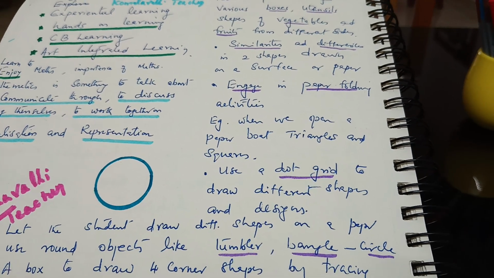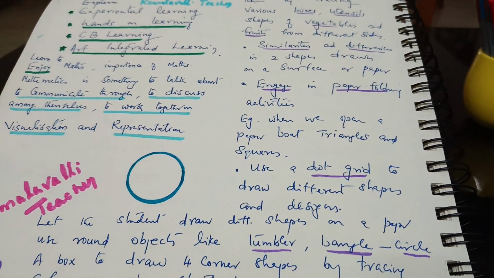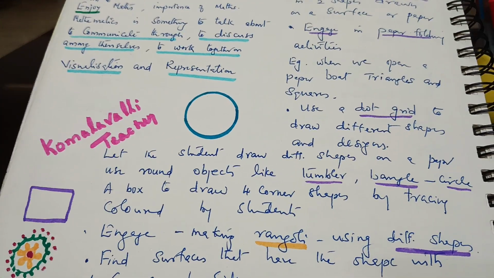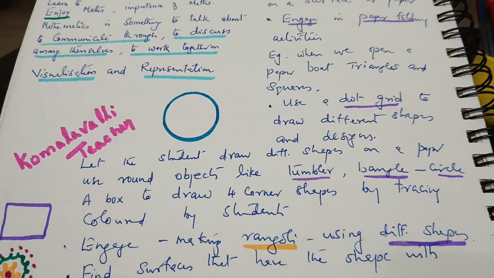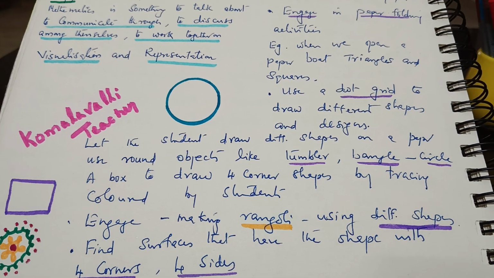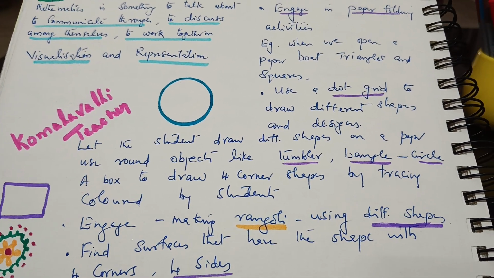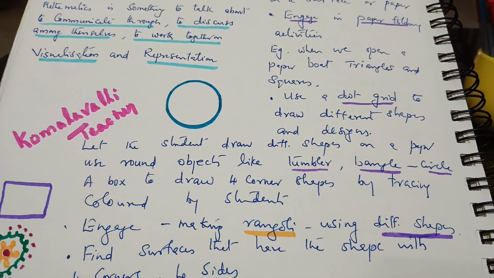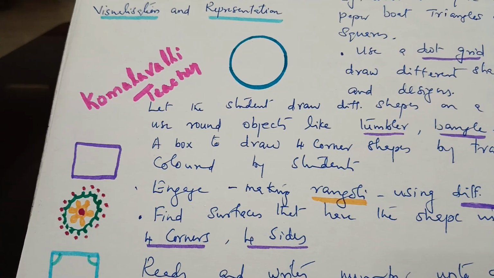Let the students draw different shapes on paper. Use round objects like a tumbler, bangle, circleizer. By using a glass, a tumbler, a bangle, you are able to draw a circle, and a box to draw four-cornered shapes by tracing, colored by students.